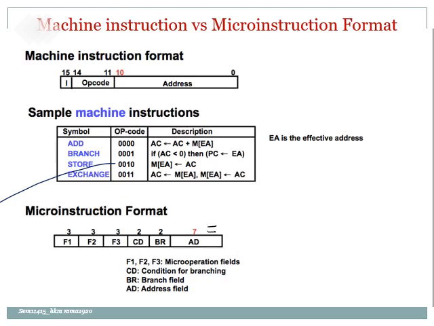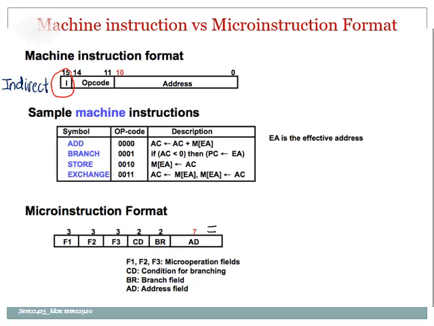Let's look at the familiar machine instruction and compare it with the new micro instruction format that you have just learned. The machine instruction format looks familiar. They have opcode and address, but they have one bit called I here. That indicates whether it is indirect addressing or just normal direct addressing.